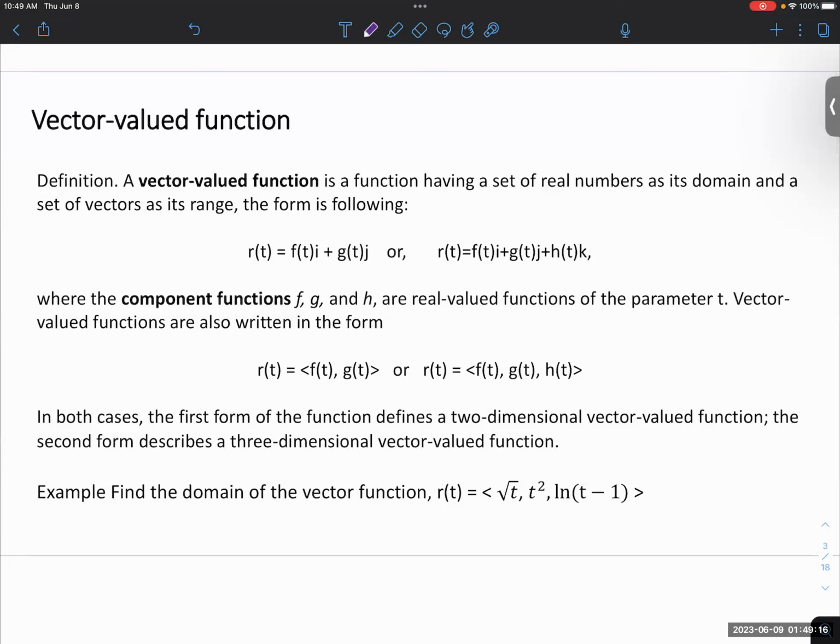So the definition, vector valued function. As you know, we talked about the vector form in chapters 1 and 2. So you can write it in two different ways. Let's say I have a vector.